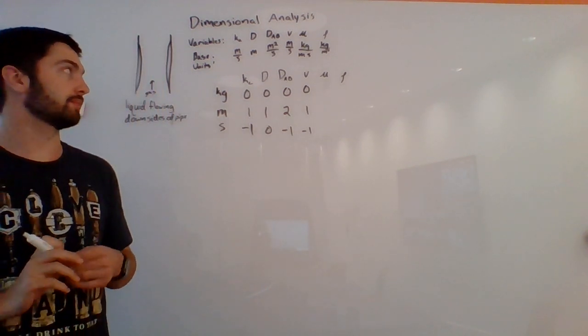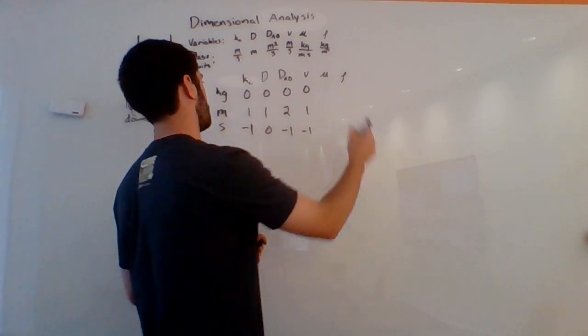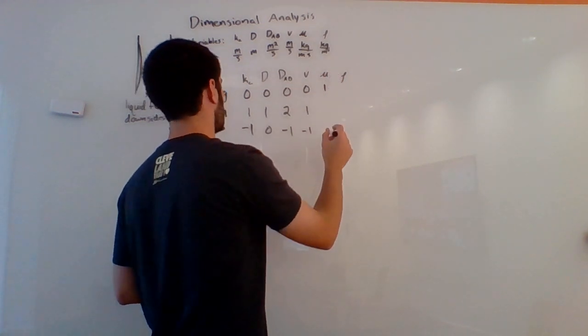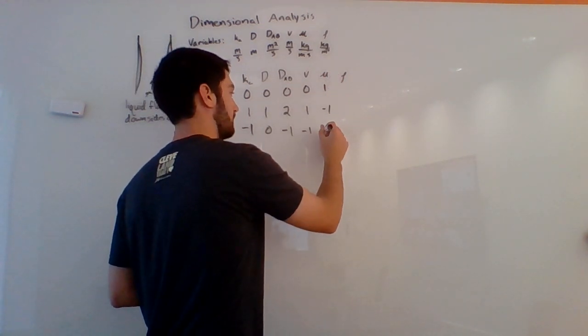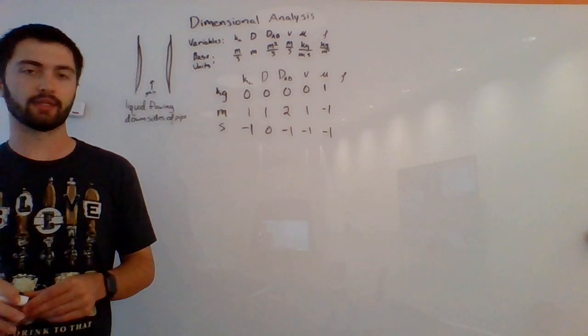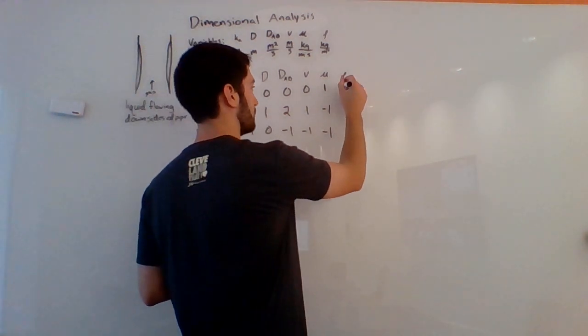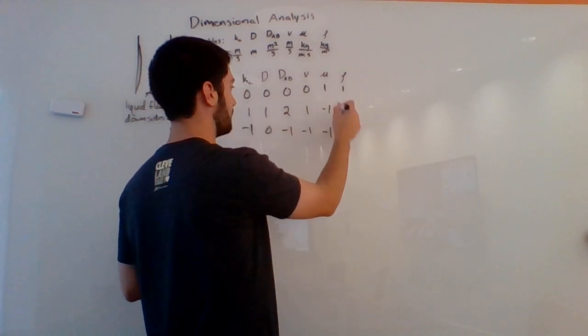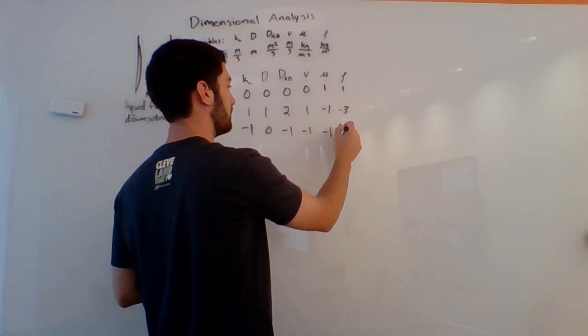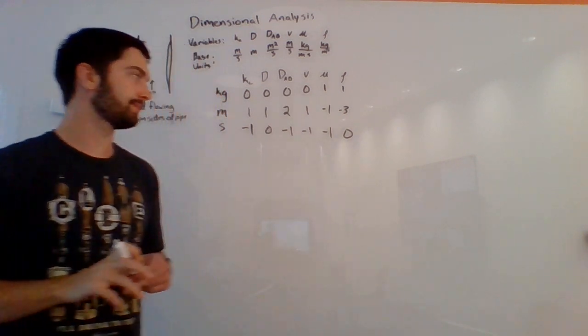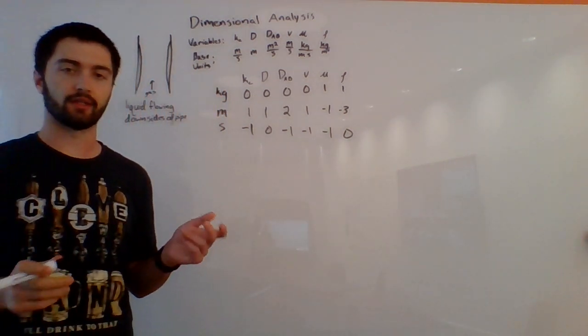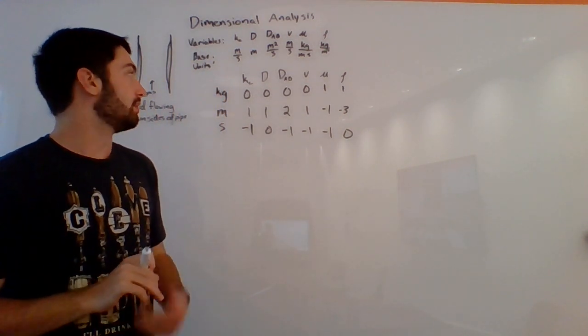Viscosity is kilograms per meter second, so kilograms per meter, and then meters and seconds are both -1. And then we have density, which is kilograms, and then meters, -3, and it does not involve time. So now we have our dimensional matrix.